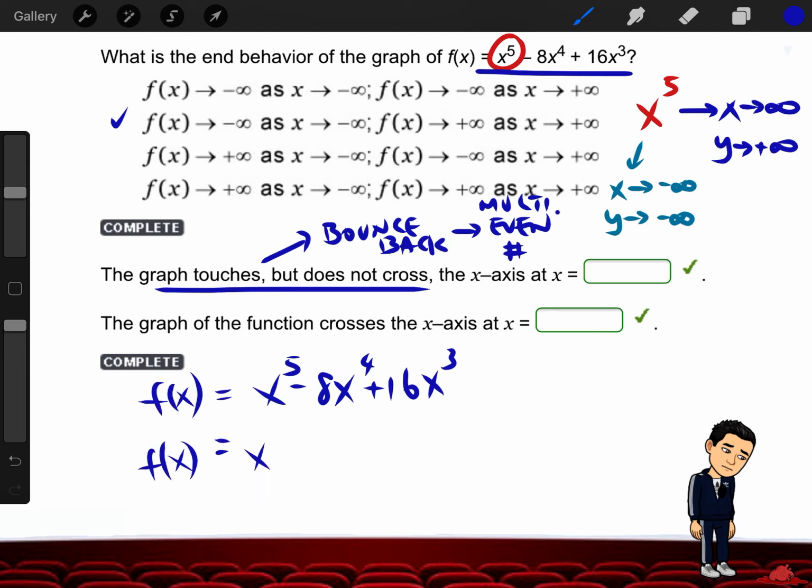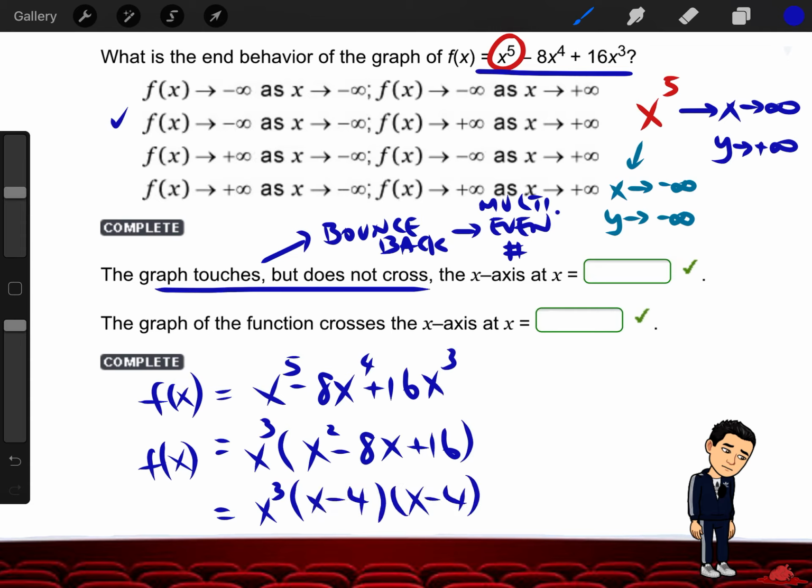I'm going to factor out the common factor, x to the third power, which leaves me with x squared minus 8x plus 16. You can further factor it to x cubed times x minus 4 times x minus 4, set equal to 0. Combine them, and that'll be x minus 4 squared.